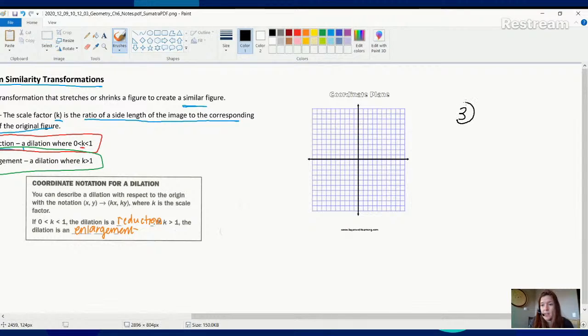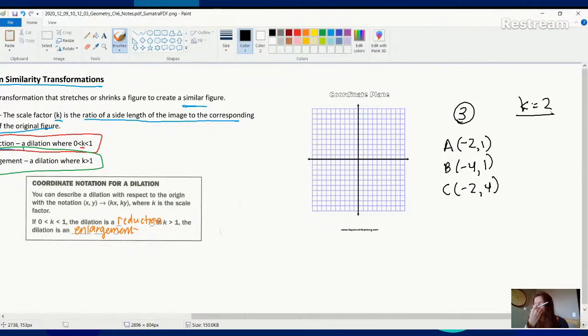Number 3, and it says to draw the dilation of a polygon with the given vertices using the given scale factor. So Number 3 has coordinates at A equals -2, 1, B equals -4, 1, sorry, and C equals -2, 4, and we have a scale factor of 2.